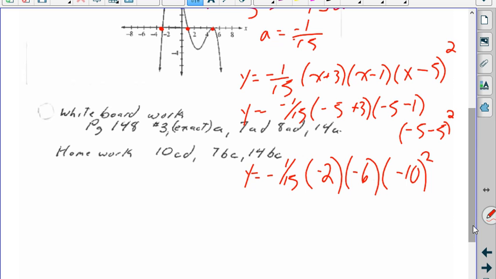If you were to multiply that out, you would get the y value. 1,200 divided by 15 is, you should have gotten negative 8. Okay?